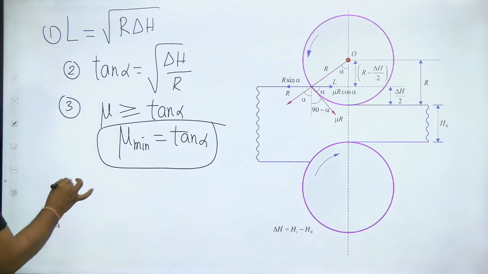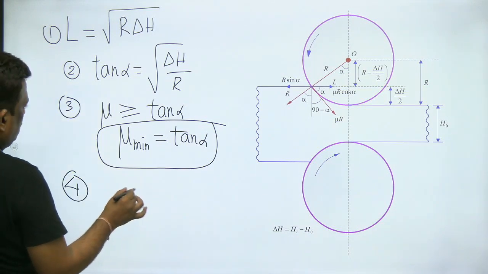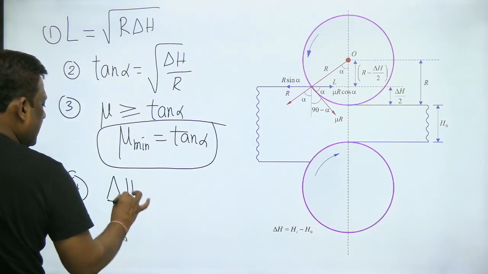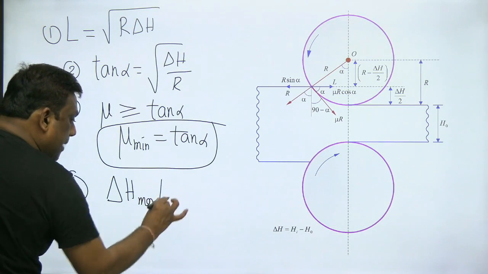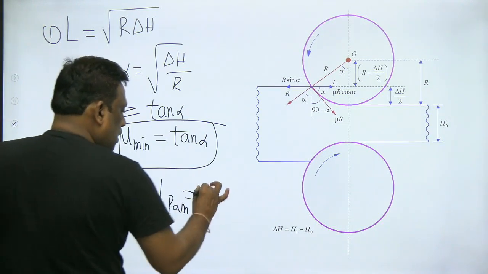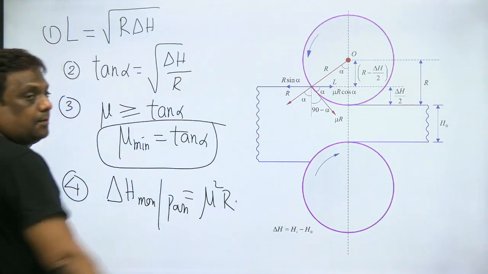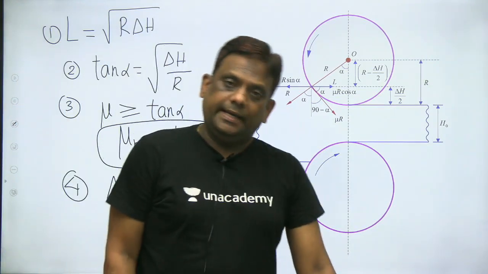Very important equation. And the last one is the maximum reduction per pass, which is mu square R. This is one of the important equations.